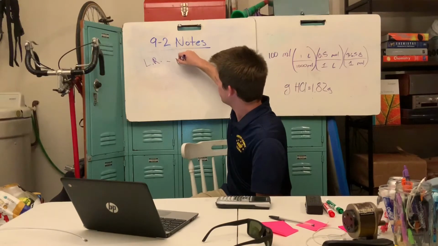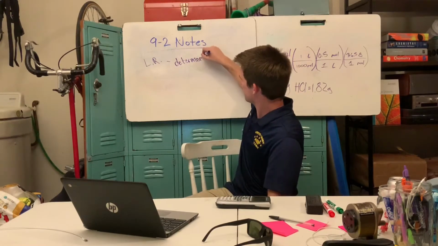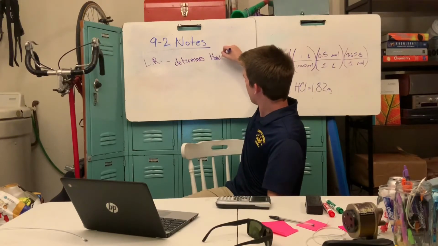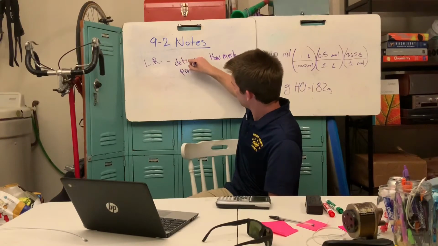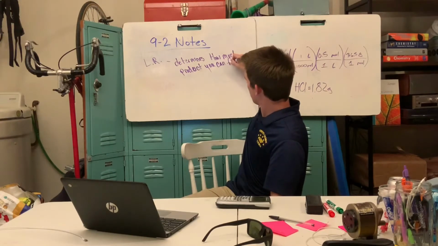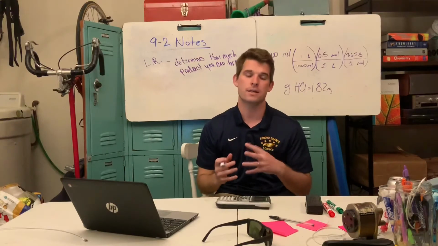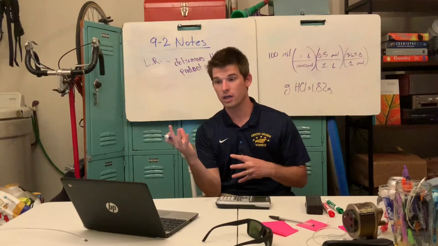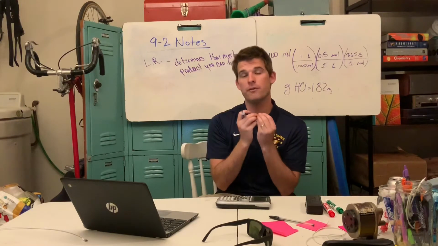Limiting reagent determines how much product you can form. So it's going to hold you back. It means maybe you've got a ton of water, but you only have a little bit of calcium.